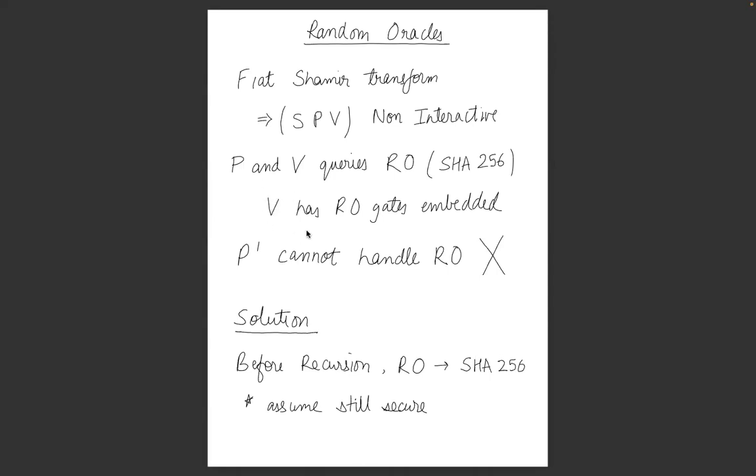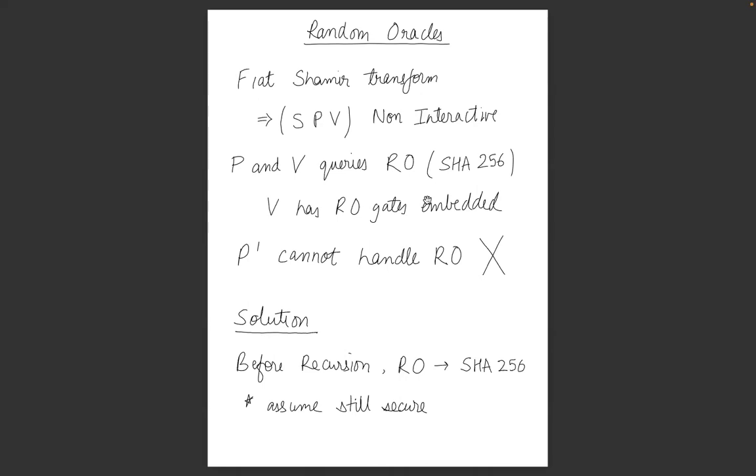Because the verifier has some random oracle gates, or the verifier needs to communicate with this random oracle, but the outer proving system cannot handle this computation, right?